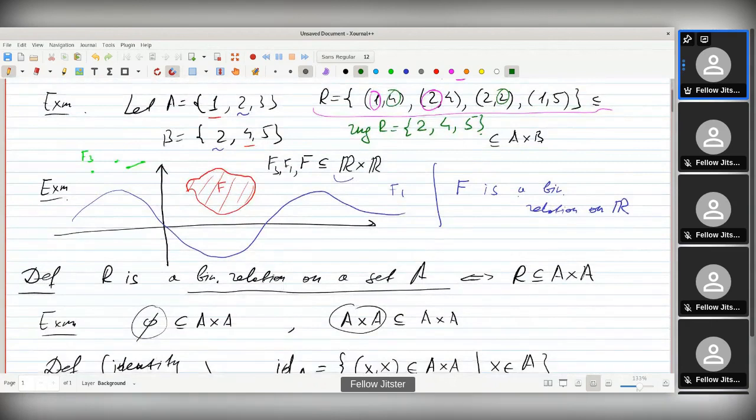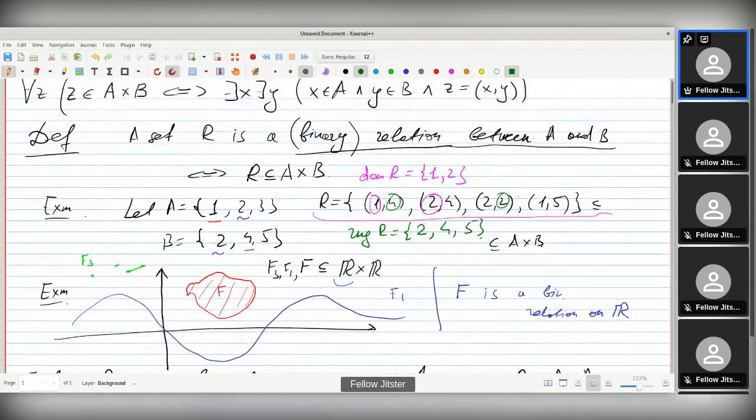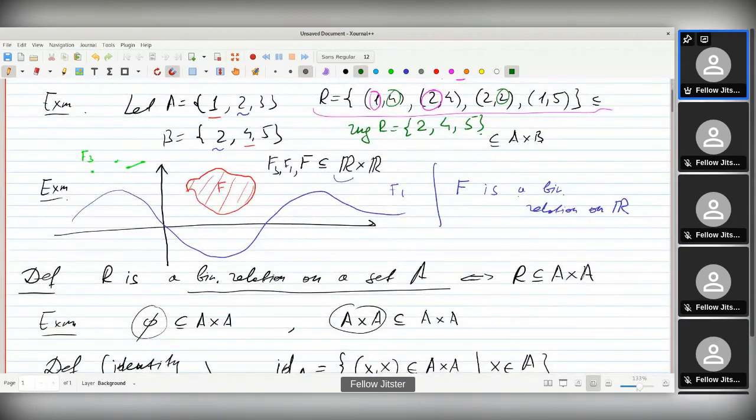But what about this example? Our geometric interpretation of binary relations. What is the domain? What is the range? In fact, the domain and the range are just projections of our geometric figures.